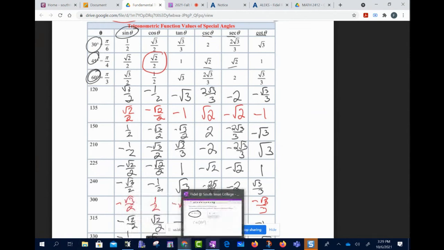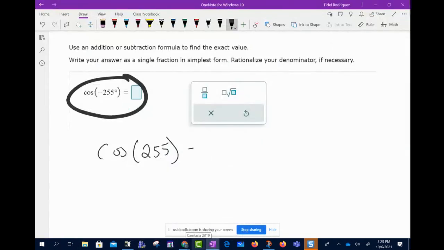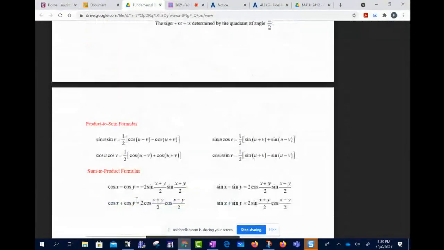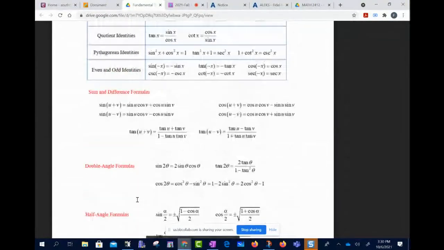Okay, so John says we can write this as the cosine of 30 plus 225. Now, because we're going to use either the addition or subtraction formula, and we're using the addition in this case, I'm going to look for my cosine of a sum. Where is it?